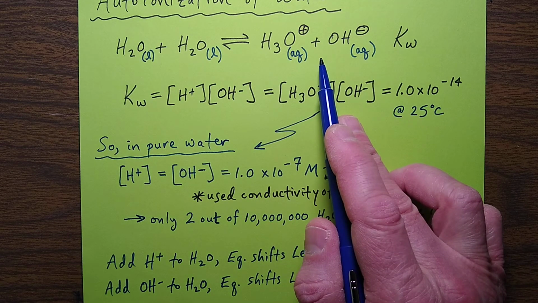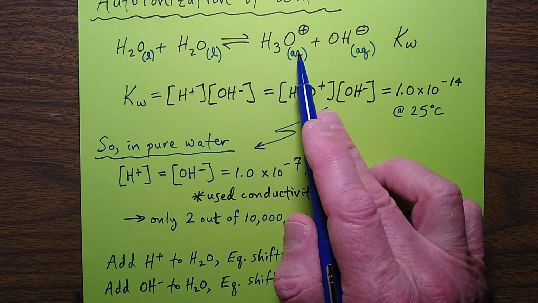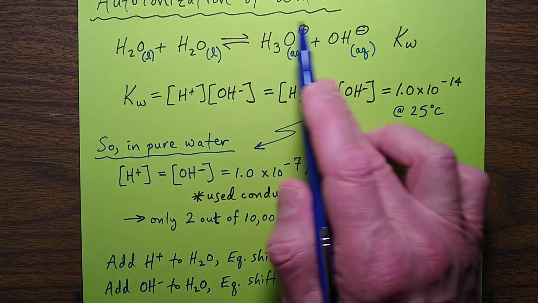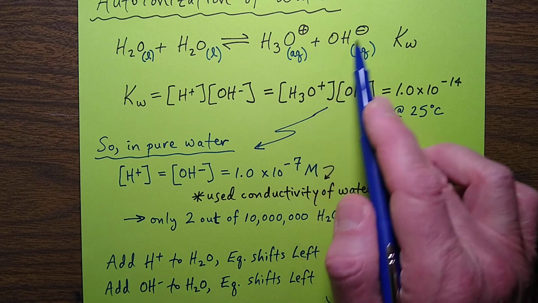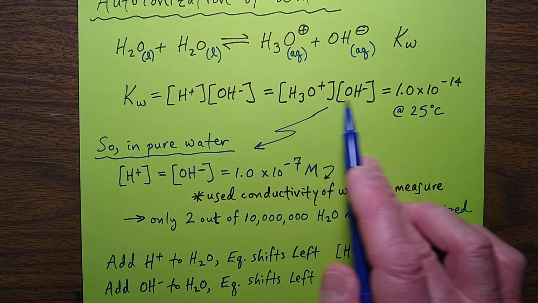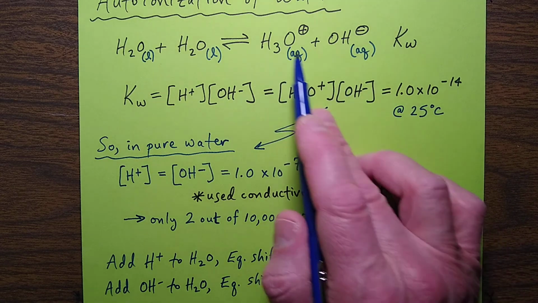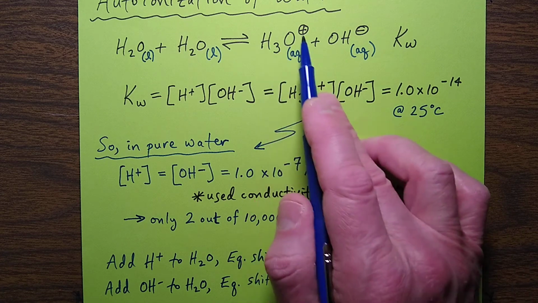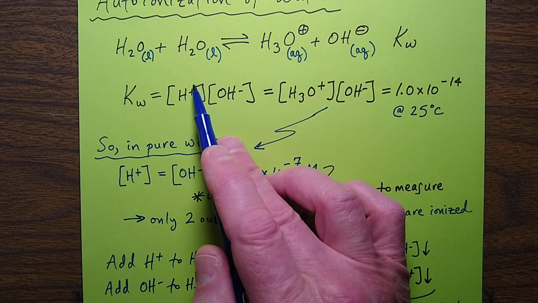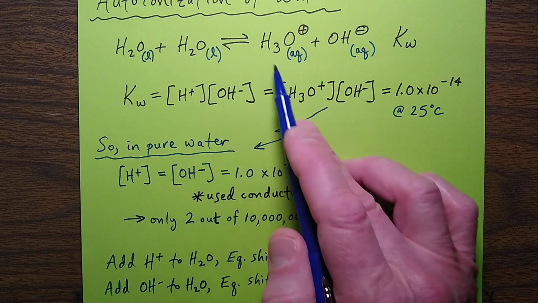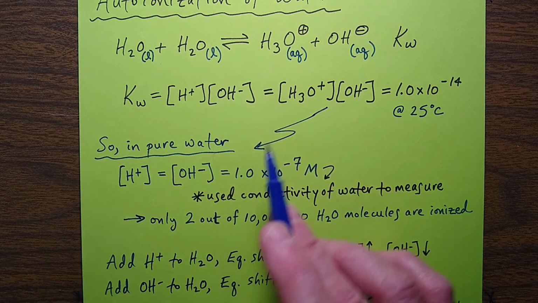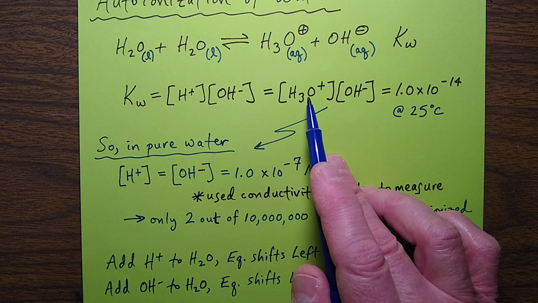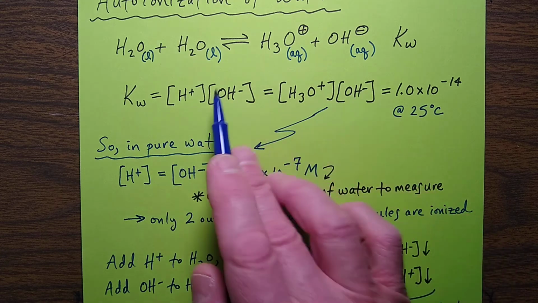So this Kw, the equilibrium constant for this reaction, is simply going to be this concentration times that concentration. That's why I wrote it like this. You can also write it in a little simpler way. Instead of writing H3O+, we can write H+, hydrogen ions. This means exactly the same thing. I can't stress that enough. These are the same statement.